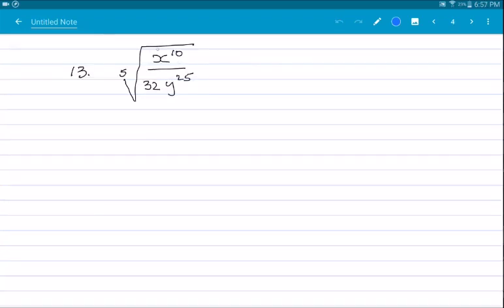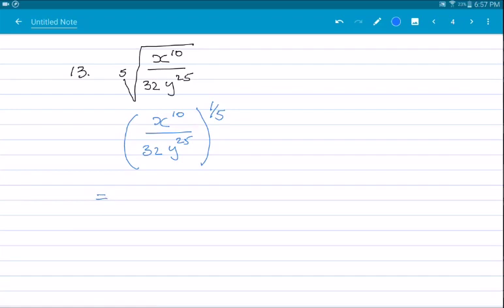Okay, so we have to simplify this one. This is the fifth root of x to the power 10 divided by 32, y to the power 25. So we'll write this x to the power 10 over 32, y to the power 25, all to the fifth power.